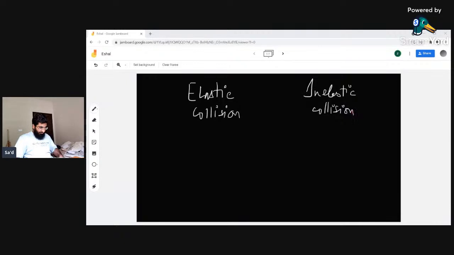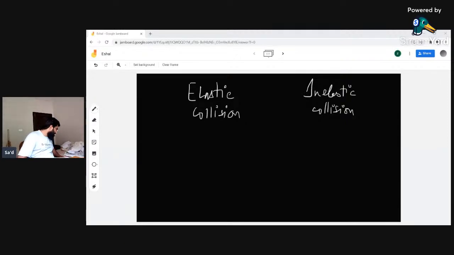So do we know what is the difference between elastic and inelastic collision? An elastic collision might be the one in which the objects colliding can be stretched or compressed, but in inelastic they cannot be. ठीक है, यहाँ पे we have got a slightly different definition of what elastic and inelastic is.